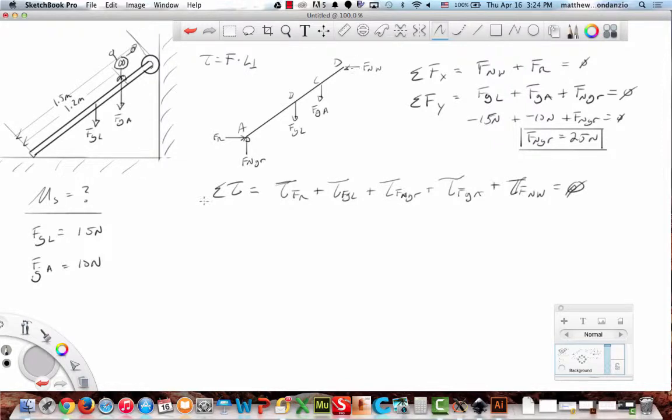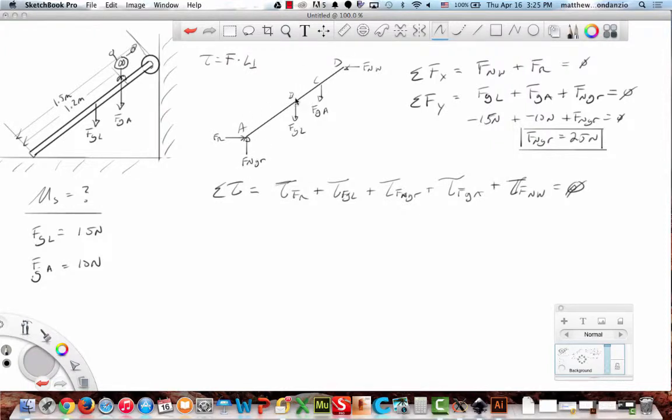You want to try and knock some of these things out. Now, here's the thing. Because I know the value of FNGR, I could choose A, and that would leave me an equation with only one unknown. Or I could choose D, and it would still leave me an equation with one unknown. Right?